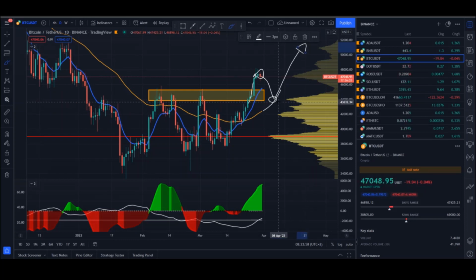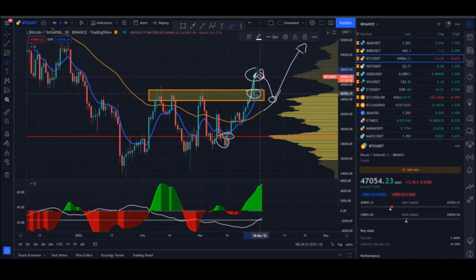So if you want to buy, I will wait until a pullback to the average. Okay, of course, because I buy here, and here I sell 50% of my trade to protect my profit.